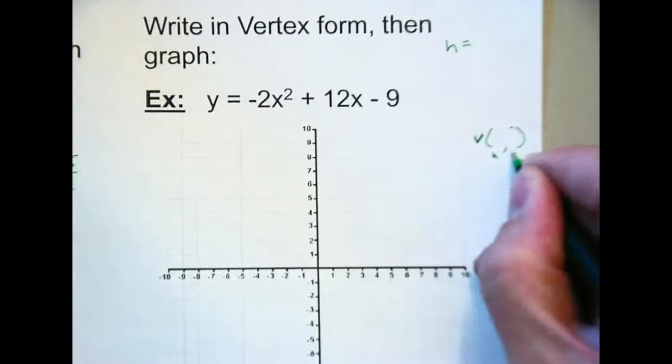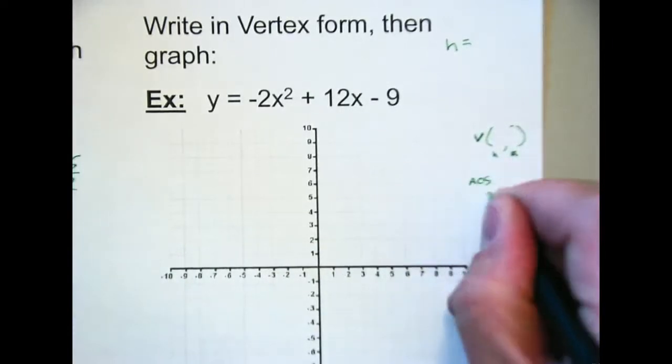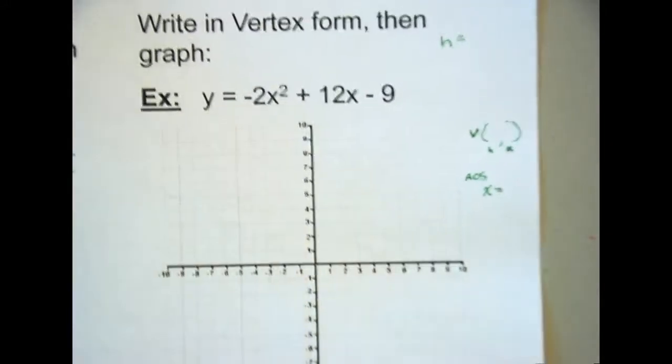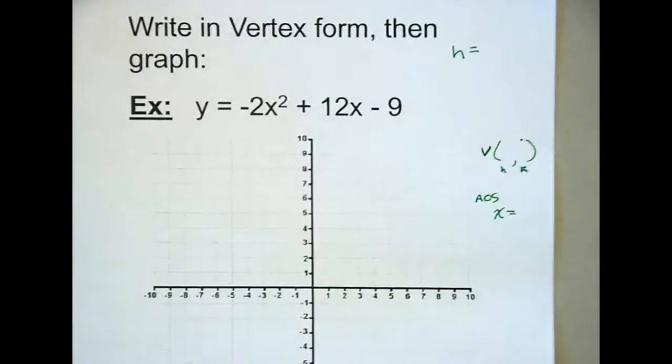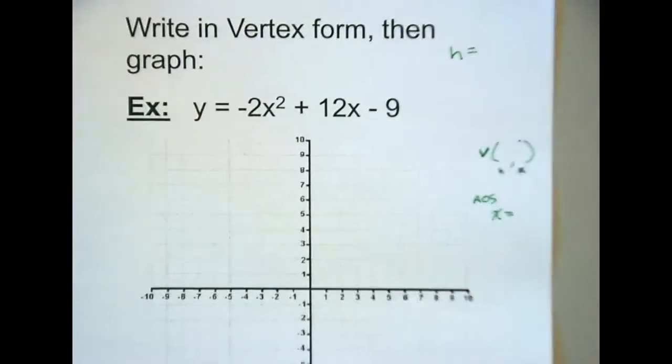And then after you find h, you'll also have the axis of symmetry. Remember, that's x equals whatever our h value is. So, looking at this one, I want you to right now get it in vertex form. That'll help you to be able to graph it. You work together. When you graph it today, you can just use one of the grids off of the paper you picked up on the way in.